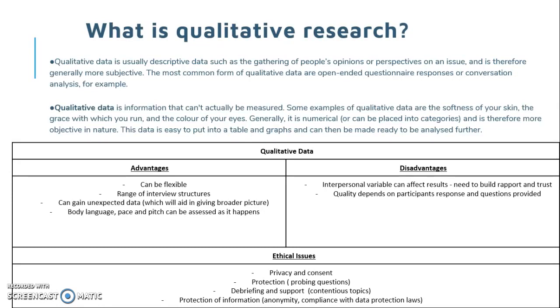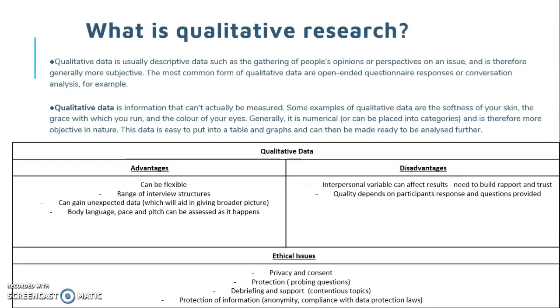So the most common form of qualitative data are open-ended questionnaire responses or conversational analysis, for example, because they bring on your own opinions. Qualitative data can't actually be measured. There are things that are different from person to person, like opinions, looks, other things that can't be definite.